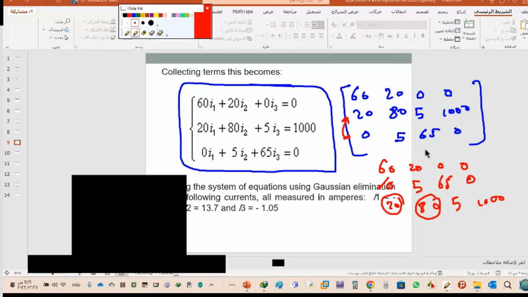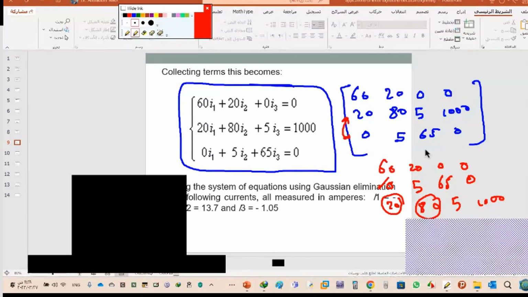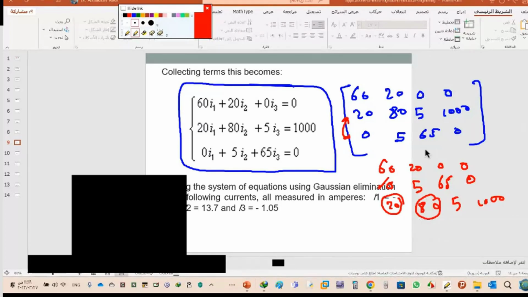Okay. Any question about this? So you can find the values for each one based on this one.